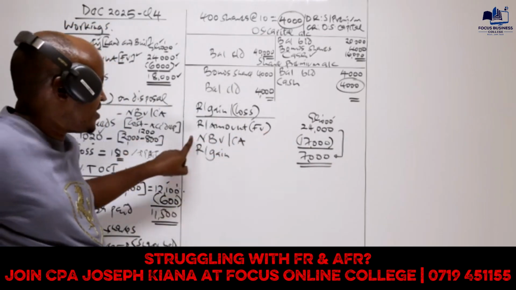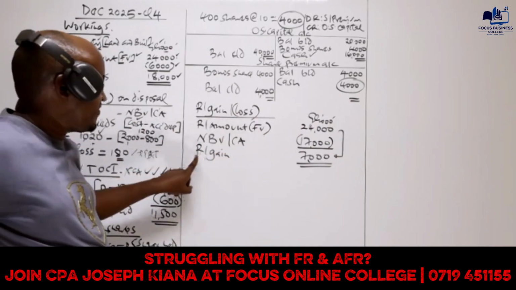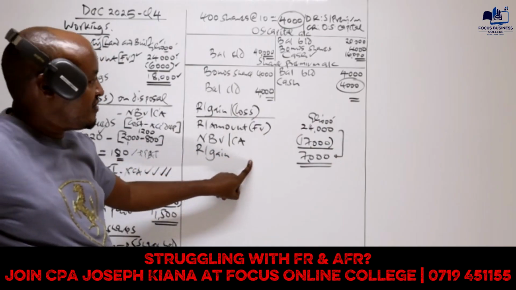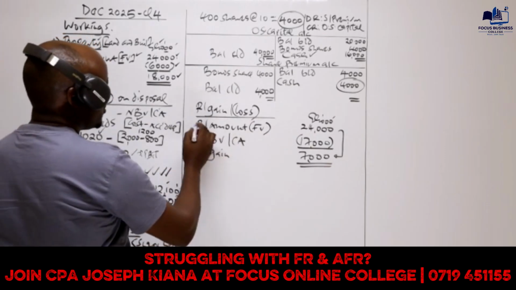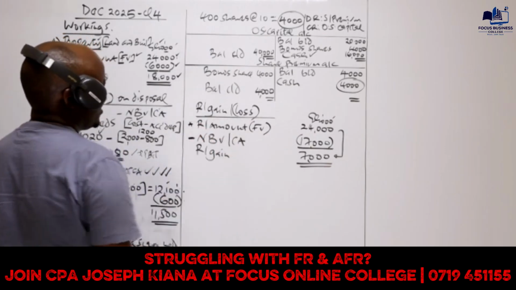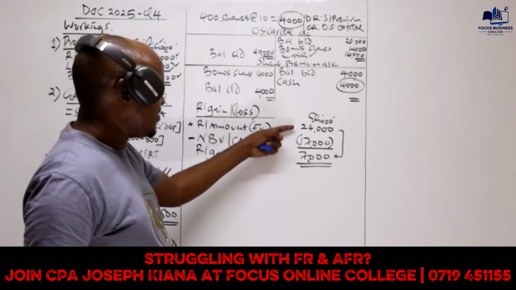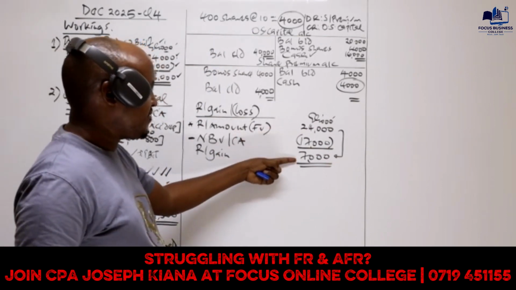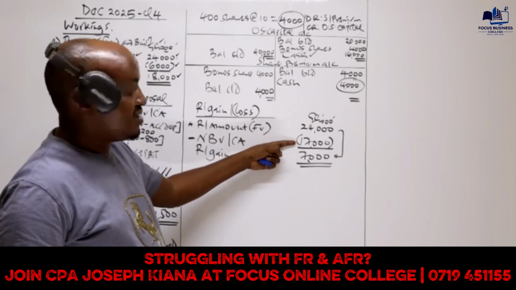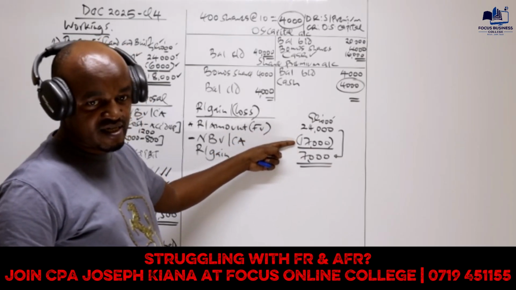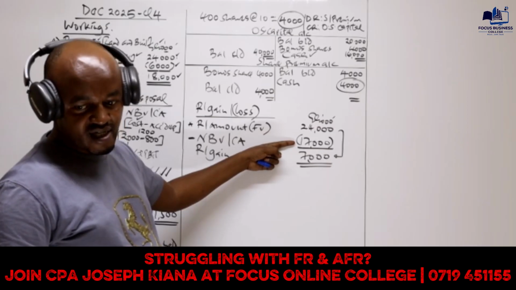We don't have the net book value, but we have the revaluation gain. Remember, to determine the revaluation gain, you take this one and minus the net book value. So we have this one, we don't have this, and we have this. So how much do we subtract from 24 million to get 7 million? In this case, it should be 17.